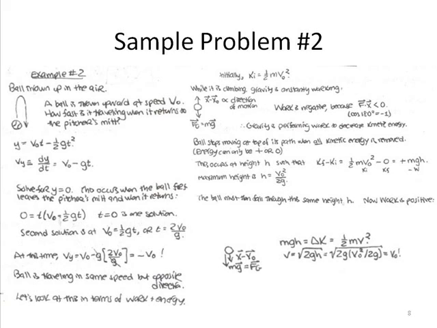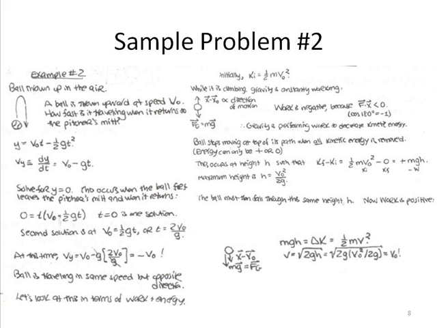The ball must then fall through the same height h. Now the same work is put into the system, except that it's positive. mgh is equal to 1/2 mv squared, or solving for v, we have the familiar result v is the square root of 2gh. If we substitute the expression for h into this, you can do the math, but you find that v simply equals v0.